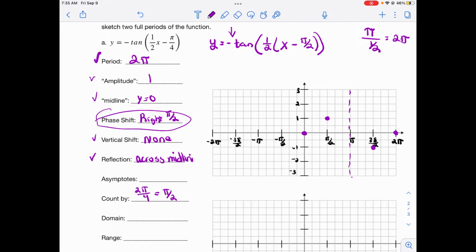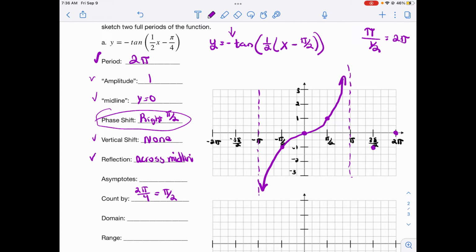Now if I go backwards, you can probably see a better full period of this graph. So I go to negative 1 and then an asymptote. So right here in the middle, you can see now that this is kind of stretching it out.